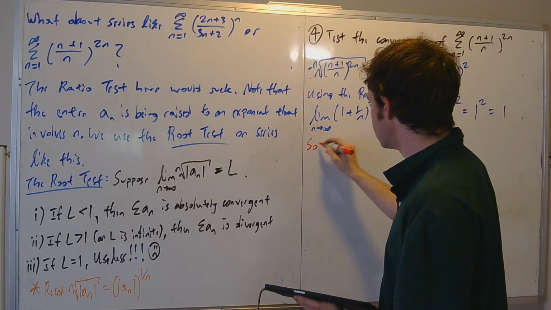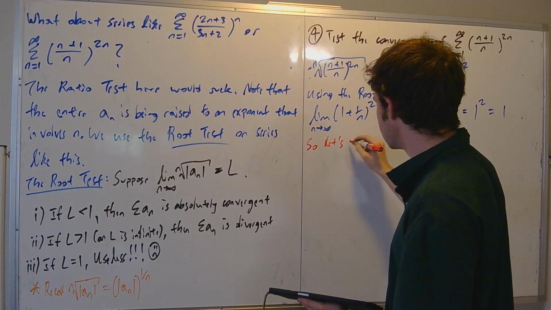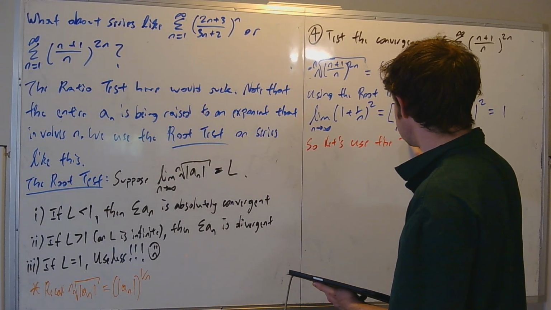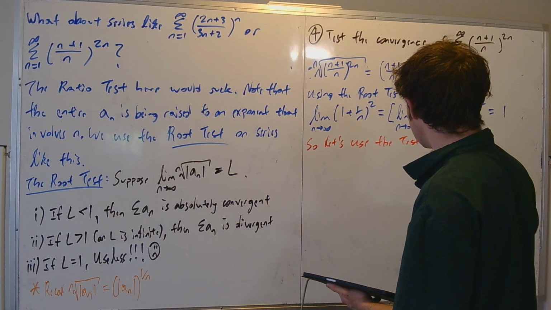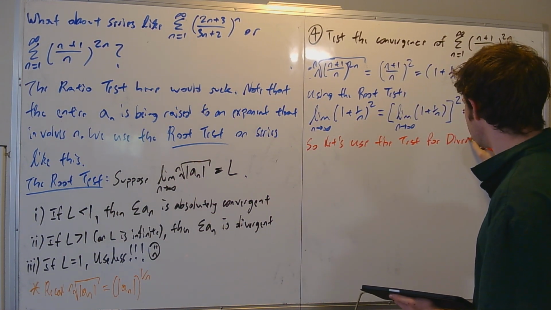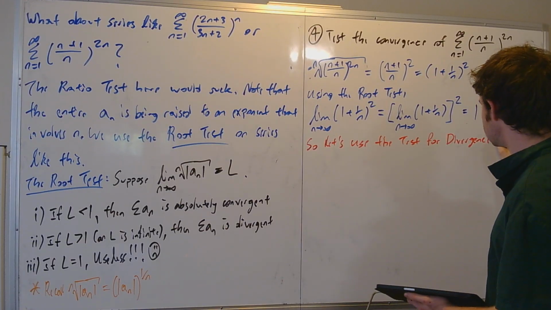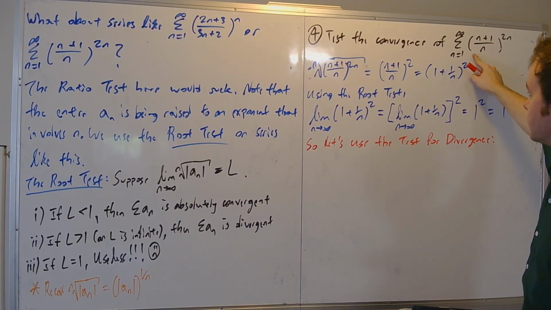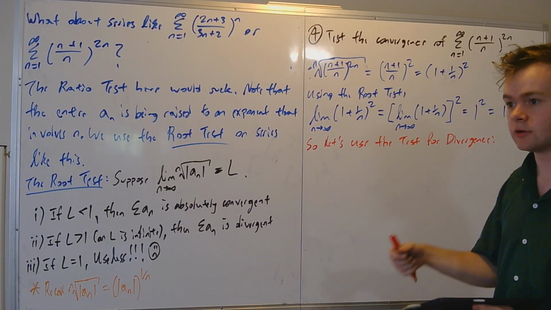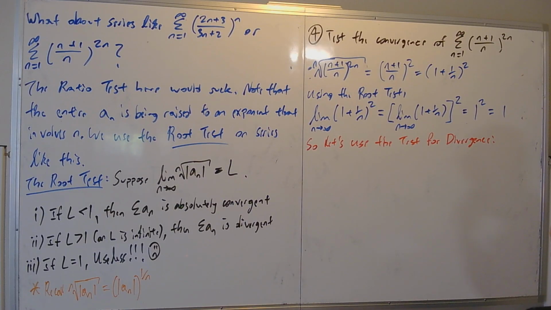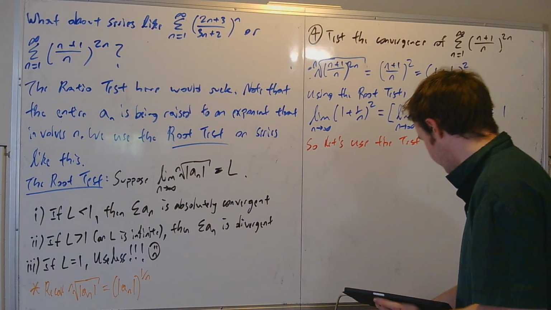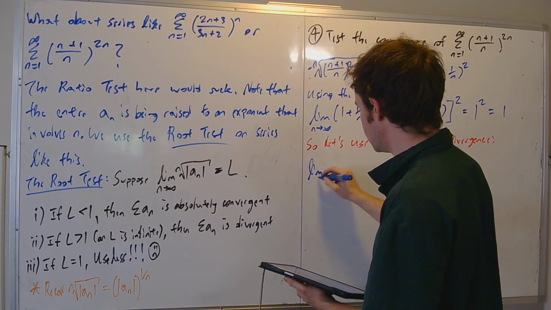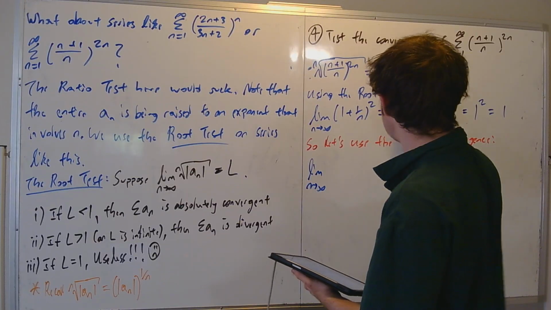So let's use the test for divergence, which, remember, was saying we just take the limit as n goes to infinity of this thing, and if it either doesn't exist or is non-zero, then it's divergent. So that's what we're going to do. So let's see here, limit as n goes to infinity of this thing here.